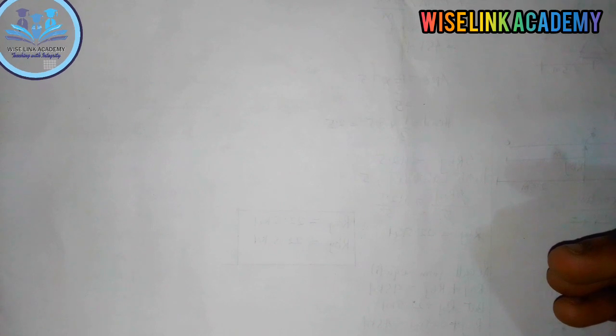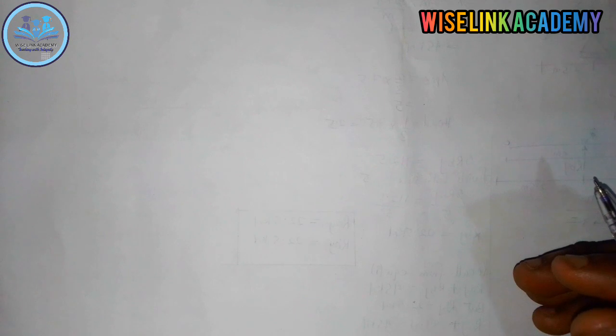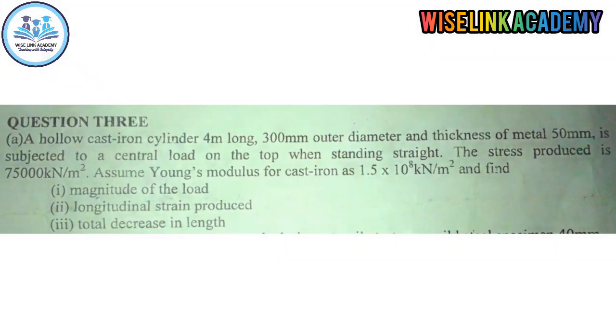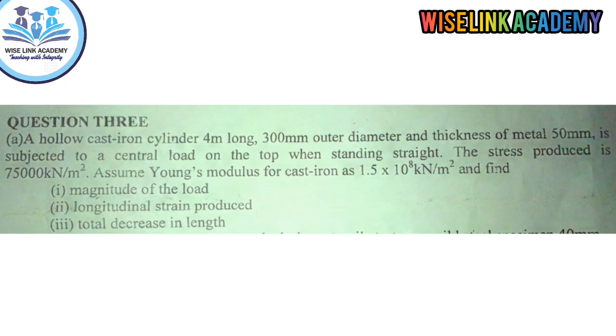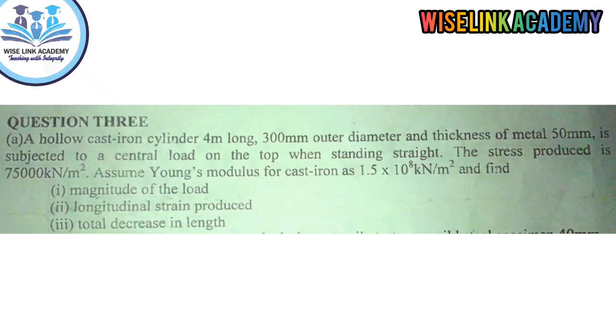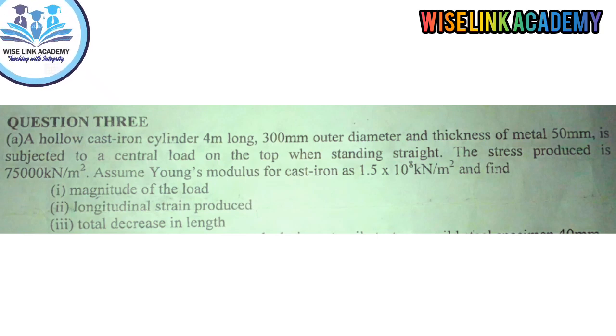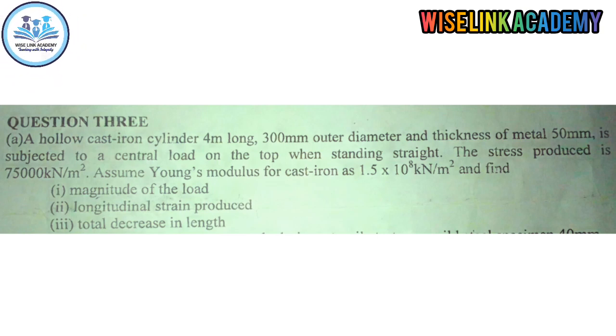Today, we want to look at a question under strength of material. As you can see at the right corner of the screen, the question says: a hollow cast iron cylinder 4 meter long, 300 millimeter outer diameter, and thickness of metal 50 millimeter, is subjected to a center load on the top when standing straight.